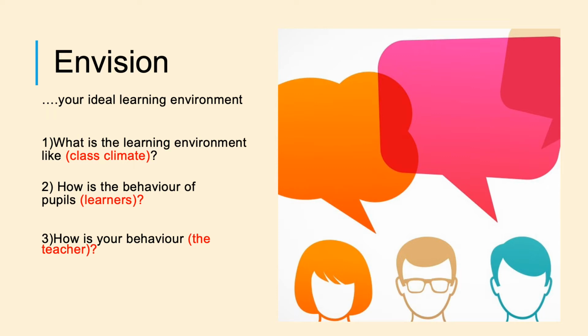So what's the learning environment in the room like? What does it feel like? The second thing I want you to think about is how is the behavior of pupils in that room? And the third thing is, how is your behavior and what are your emotions like? So you've got a piece of paper. I'd like you to respond quickly to those questions and then resume the video when you're done.